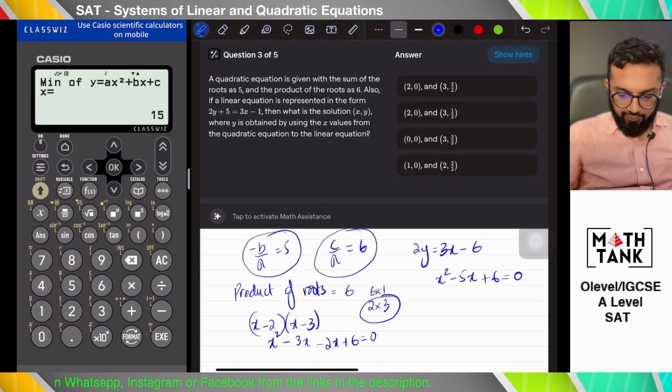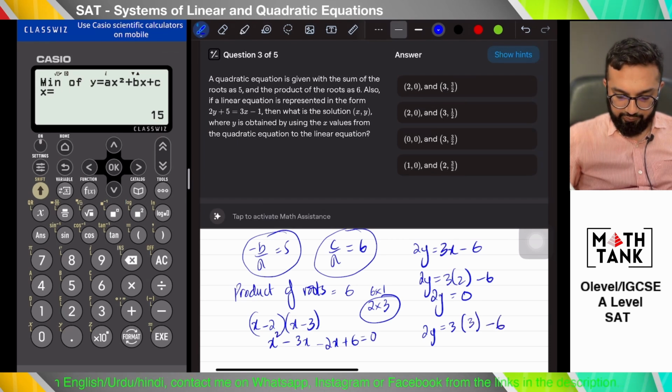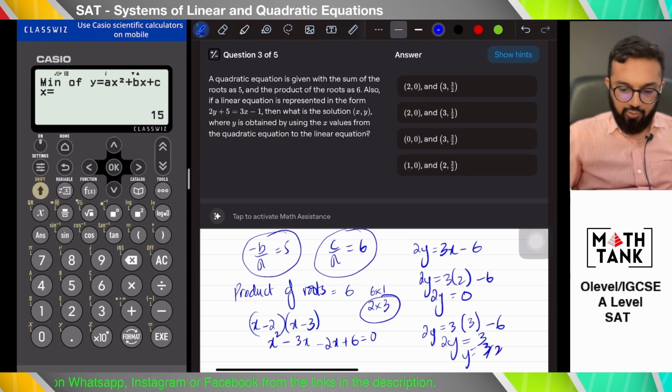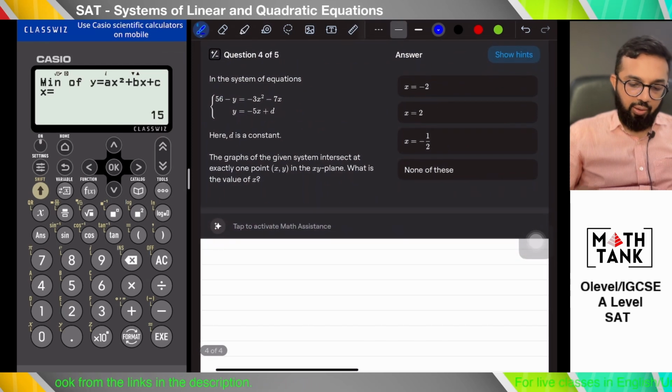Now I need to make sure my y values are correct. So I'm going to take my x values and say that one of the values is 0, of course. And what's the other value? That's 3. 3 y equals 3 over 2. Yep, that's the correct answer then. Okay, moving on to the next one.